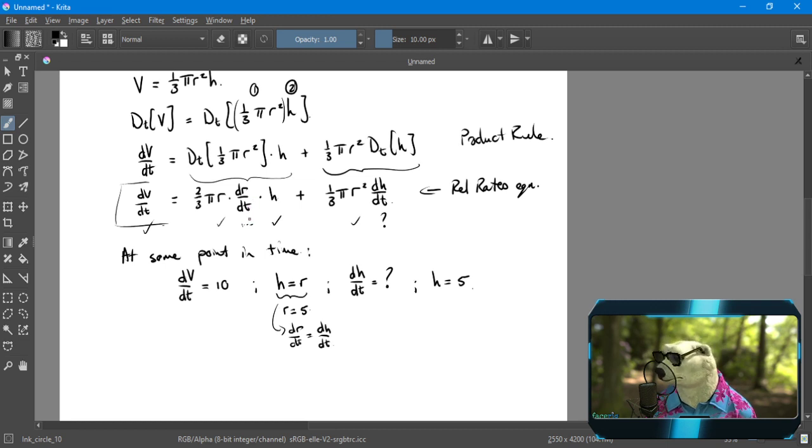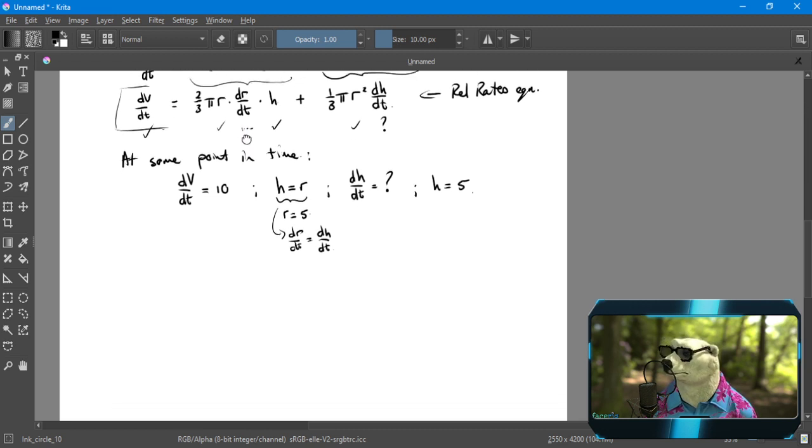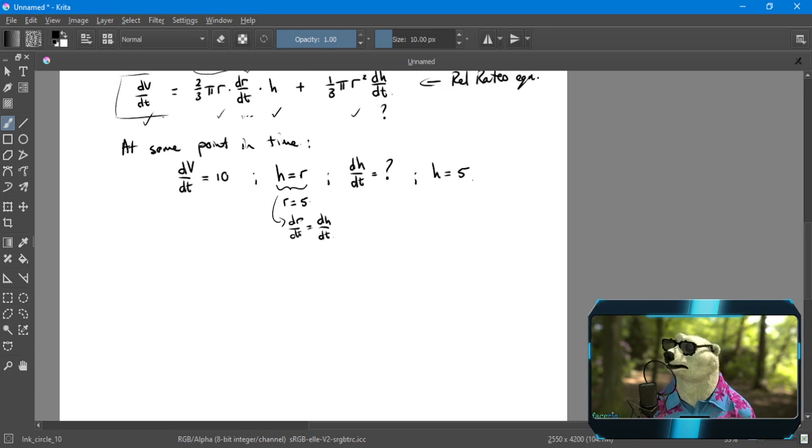So this is technically another question mark. So let's rewrite the related rates equation so that we can see where our unknowns are. If I rewrite this, I have my dV/dt. I have 2/3 pi times r. Before I put numbers in, I'm going to be okay with r. I know r. dr/dt, I'm going to swap with dh/dt as my unknown.